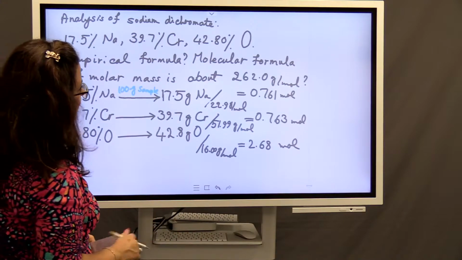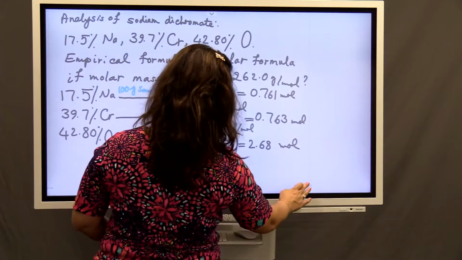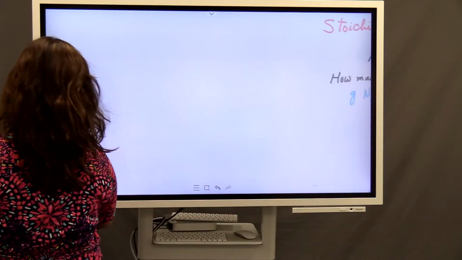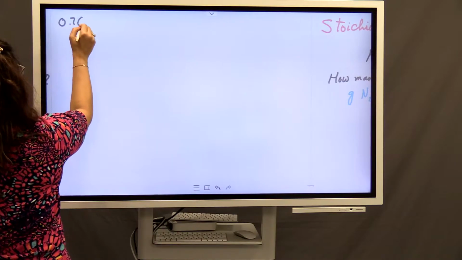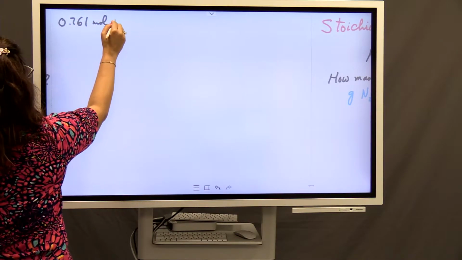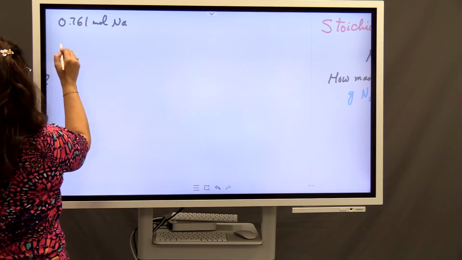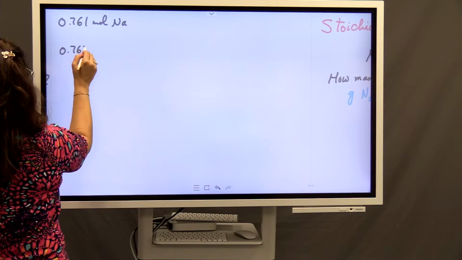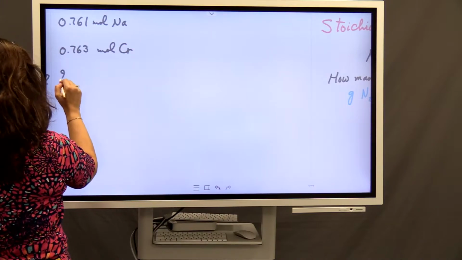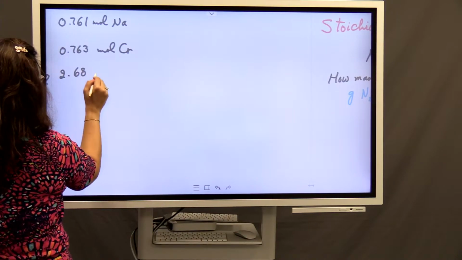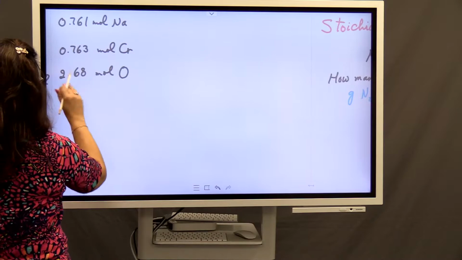We are running out of space here, so let's move towards the next page. So one more time, let me just write them as 0.761 moles of sodium, 0.763 moles of chromium, and 2.68 moles of oxygen.